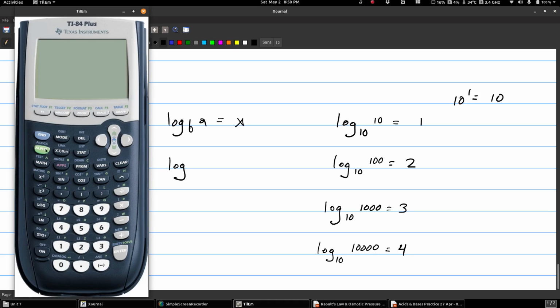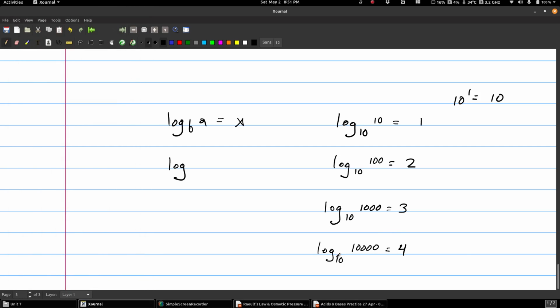So we'll do 10,000 to show you. And then you could do this with any number. You're essentially using a scale that figures out what the exponent is equal to for this number.